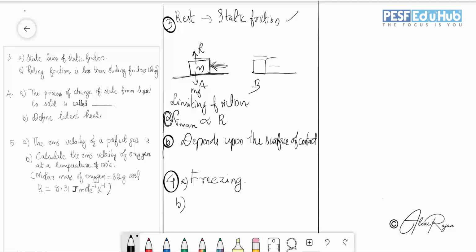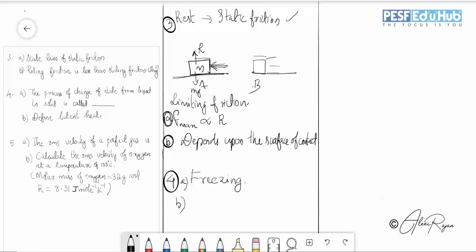Where is this heat energy going? It is not going anywhere, but it is utilized for the change of state from liquid to gas or vapor. After reaching the boiling point, the further heat you give is utilized for change in state.